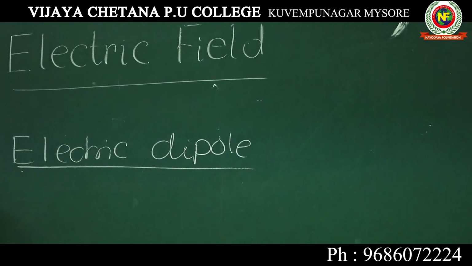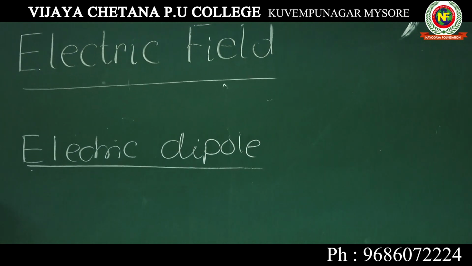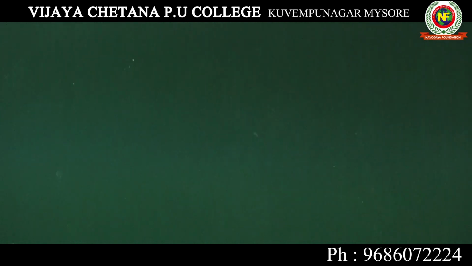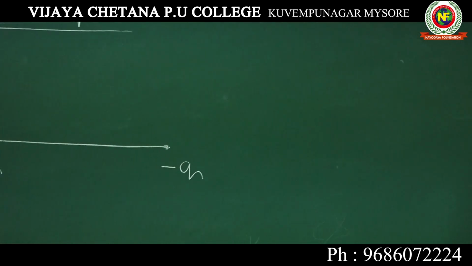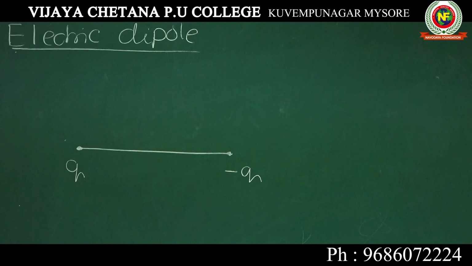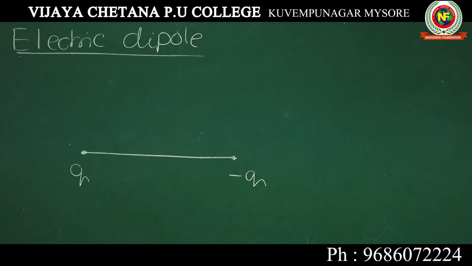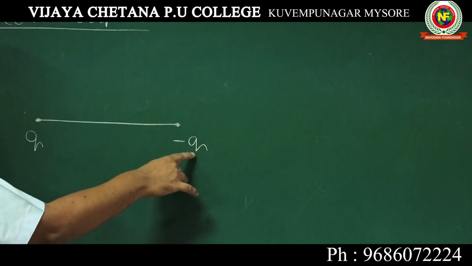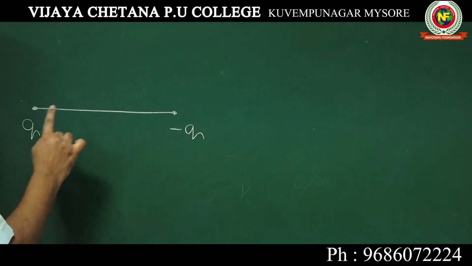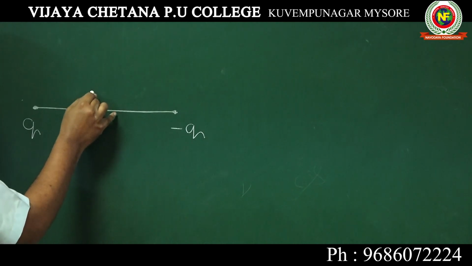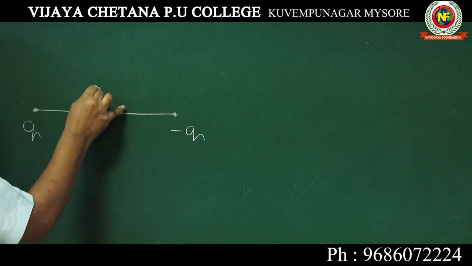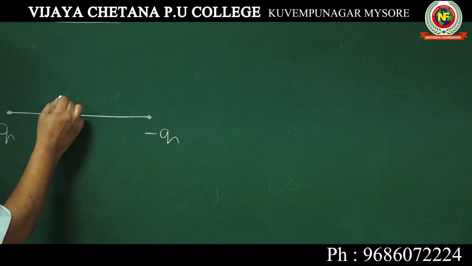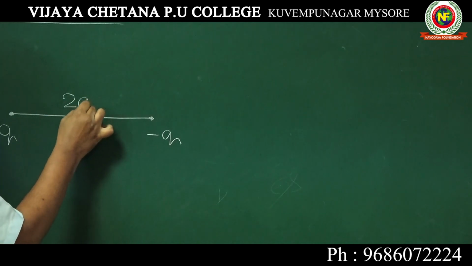Here dipole stands for a system of two charges, two unlike charges of equal magnitudes separated by some small distance. Dipole is an arrangement where you have two charges of the same magnitude but of opposite nature separated by some small distance, say d. Now usually in derivation we mark this distance as 2a.